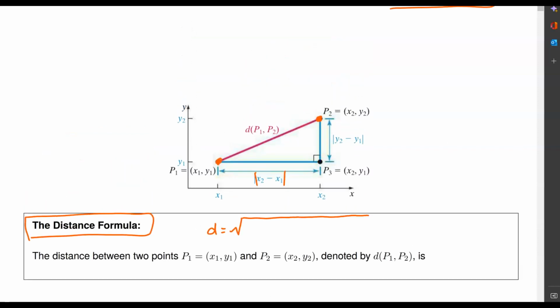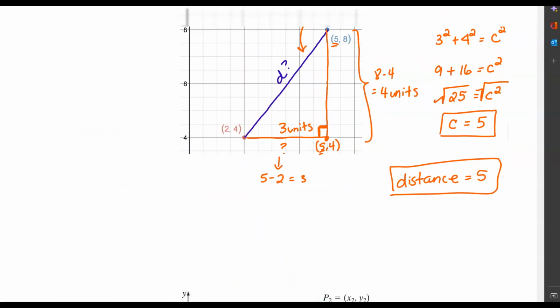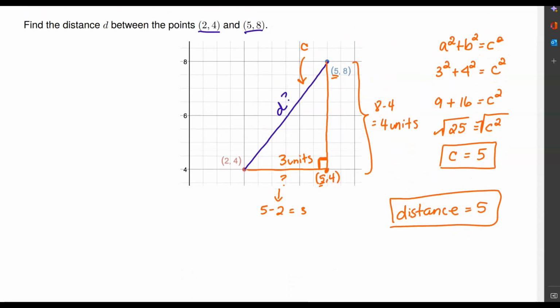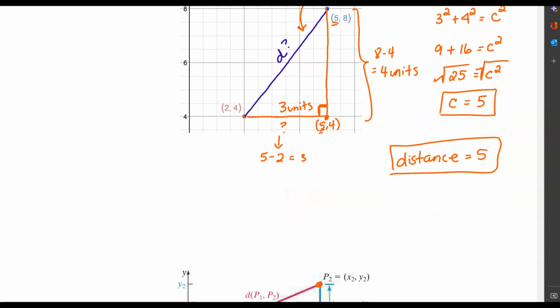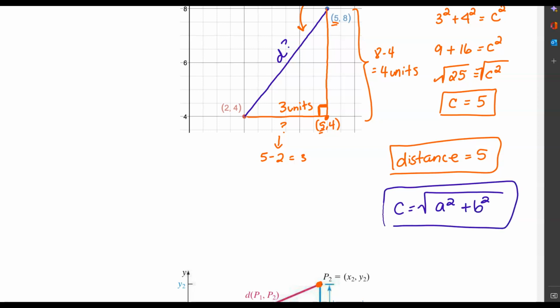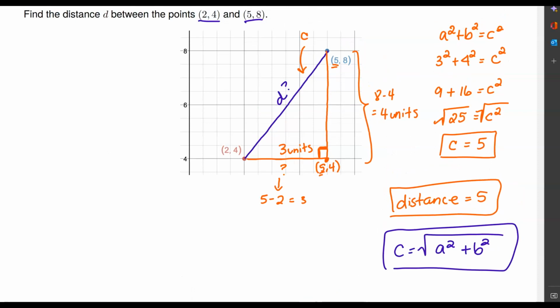Looking at the Pythagorean theorem that we used, we can essentially make this look like c equals the square root of a squared plus b squared. Because a squared plus b squared equals c squared, we found out what those sums were and took the square root of it. So c equals the square root of a squared plus b squared.